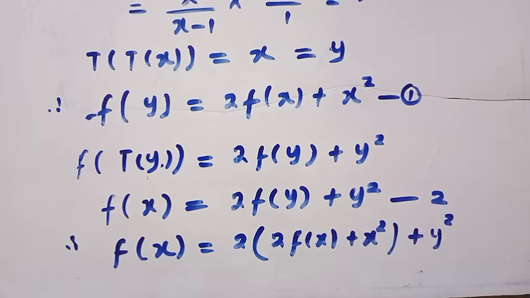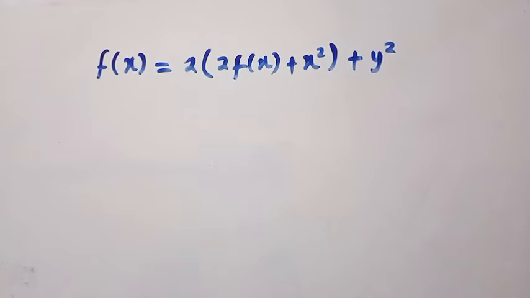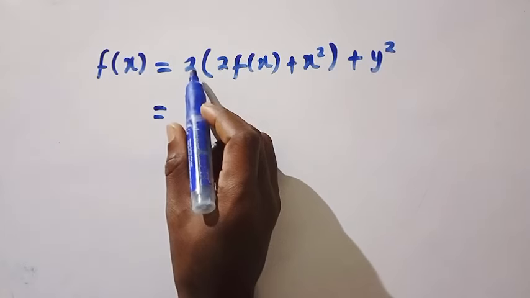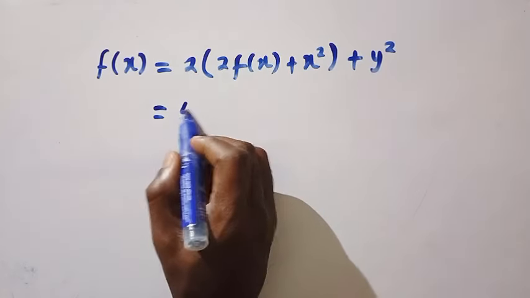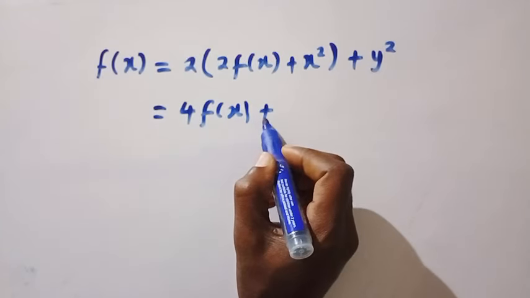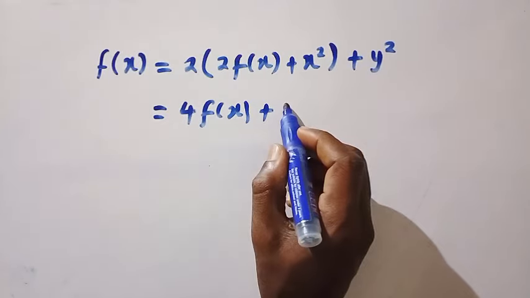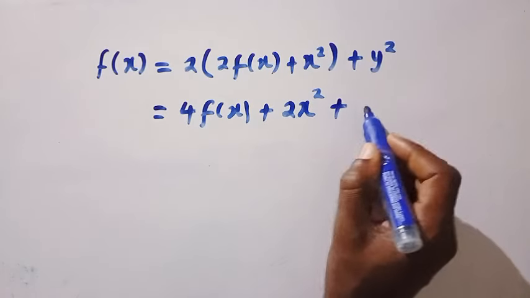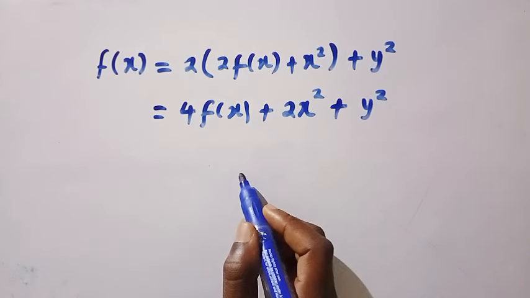So f of x equals 2 times 2, that is 4 f of x, then plus 2 times x squared, that gives us 2x squared, then plus y squared.